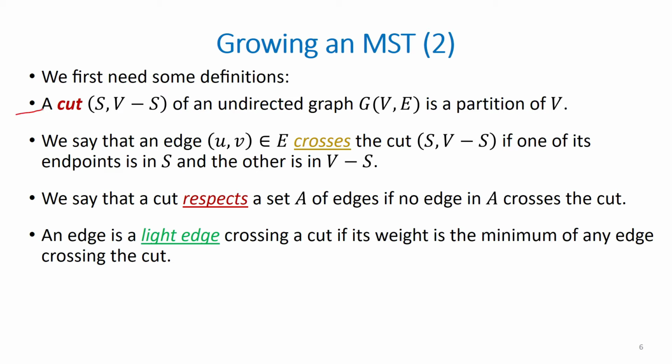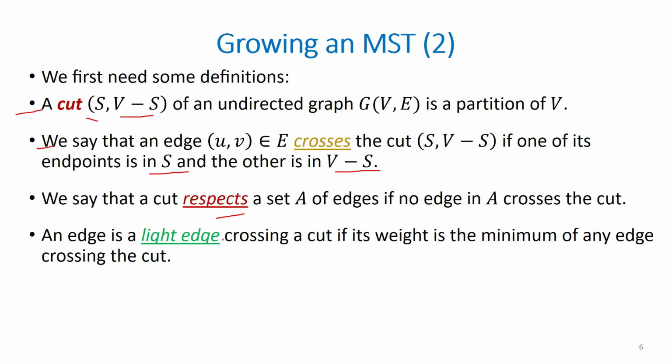A cut essentially is a partition of the vertex set V. That means a cut divides the set V into two disjoint sets, S and V minus S. Next, we say that an edge (u, v) crosses the cut (S, V minus S) if and only if one of its endpoints is in S and the other endpoint is in V minus S. Furthermore, a cut is said to respect a set A if none of the edges in set A crosses the cut.